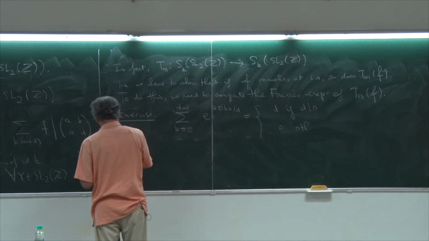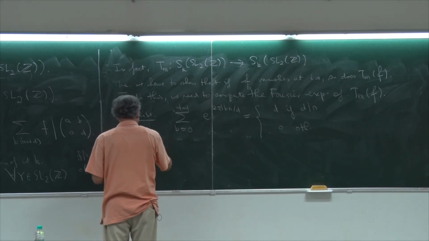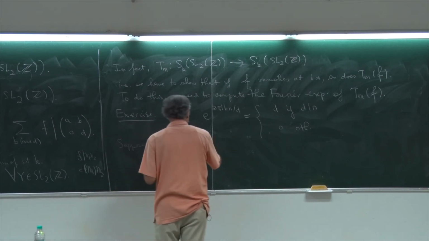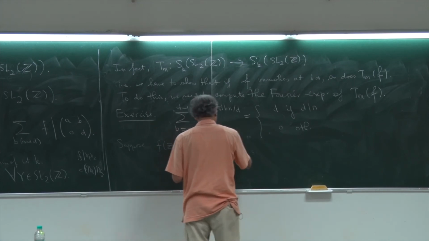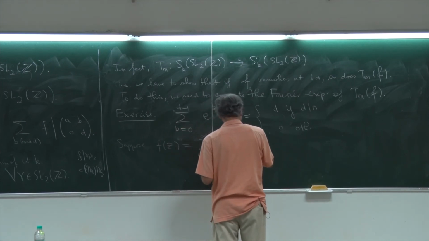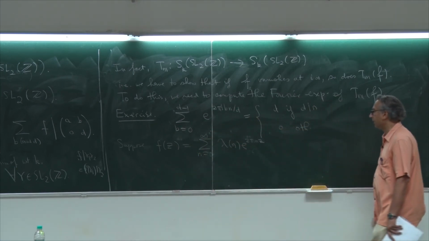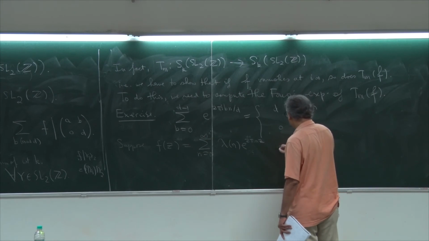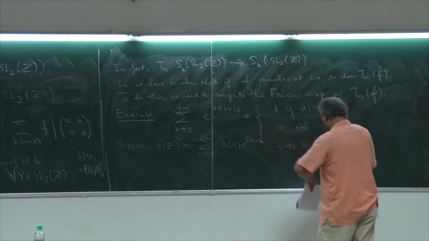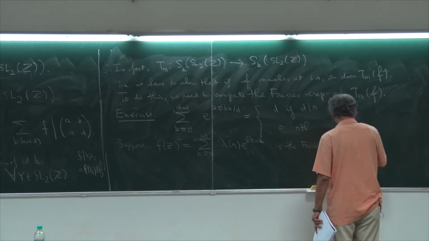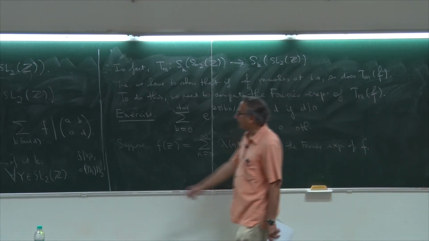So now, suppose f of z is equal to the summation n going from 0 to infinity of lambda of n e to the 2 pi i n z. So that's the Fourier expansion. Suppose that is the Fourier expansion of f at infinity. Then we just need to calculate what's going to happen.